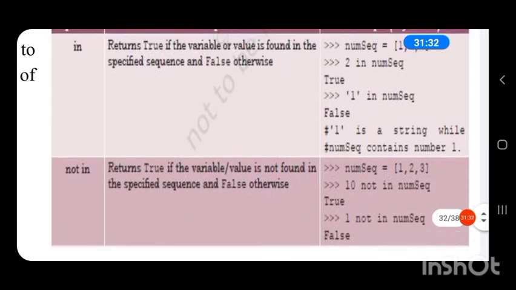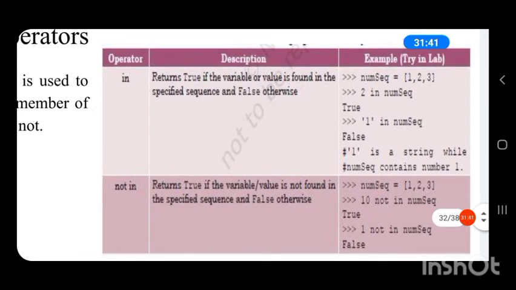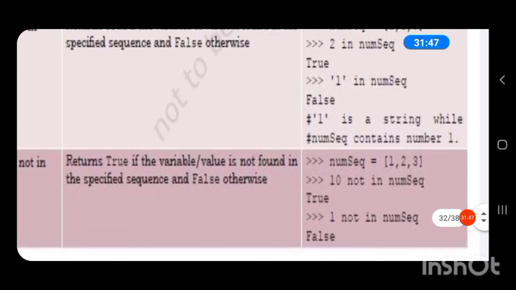So the next membership operator is not in. It returns true if the variable value is not found in the specified sequence and false otherwise. This not in is just the opposite of in.